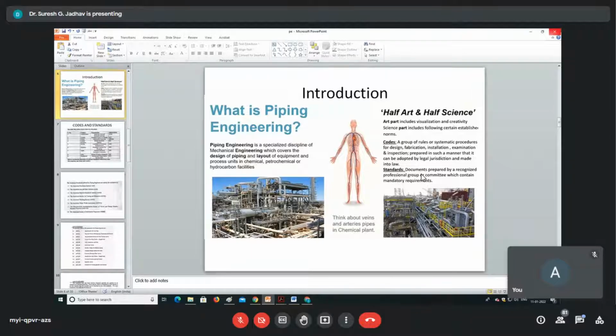Piping engineering typically starts with a draftsman's blueprint, which illustrates where piping needs to be positioned. Here you can see the different kinds of piping components in these two sketches.